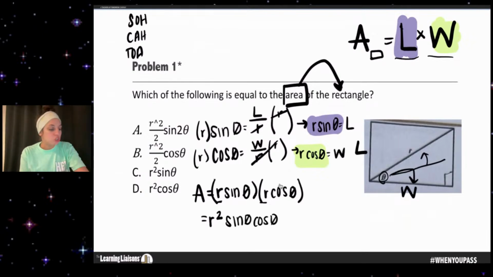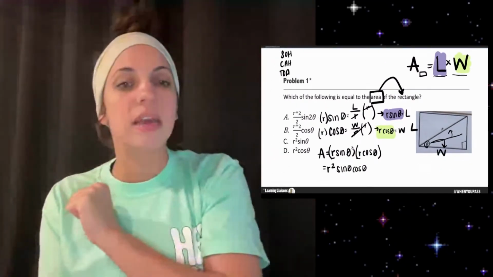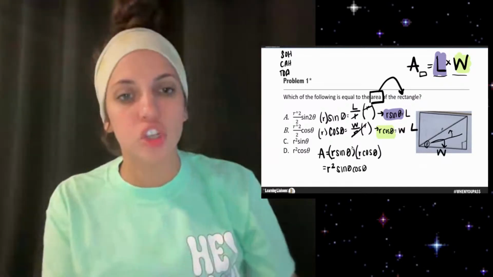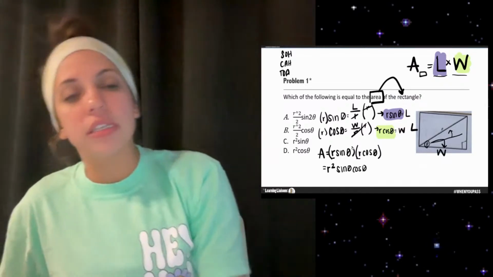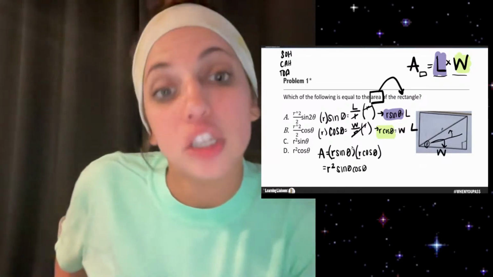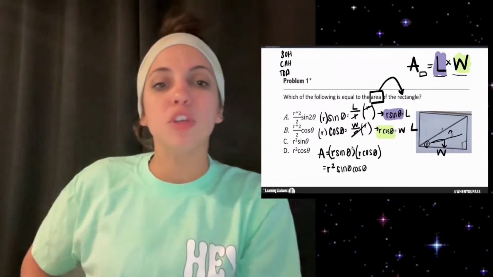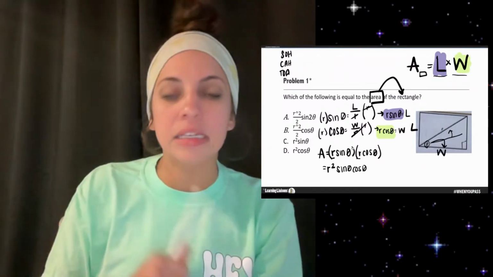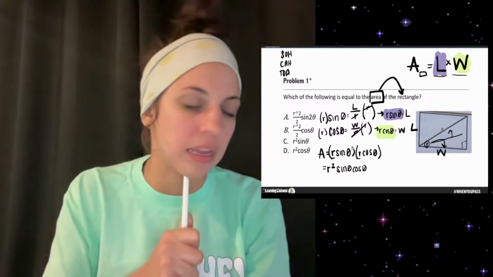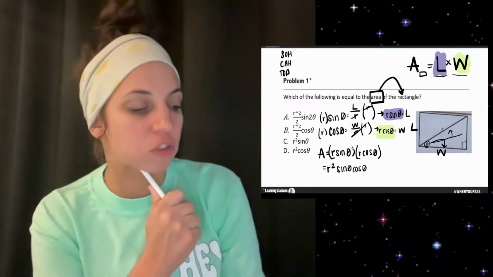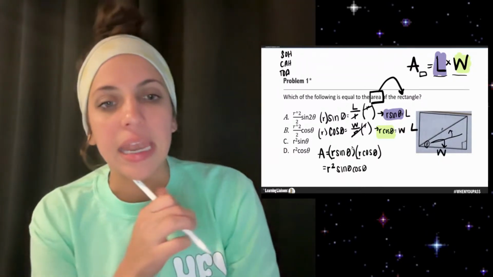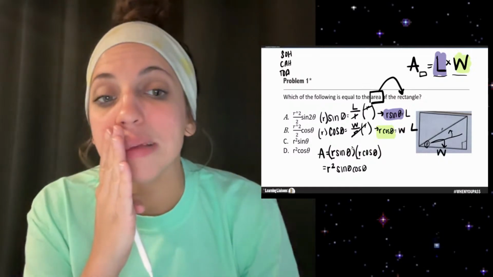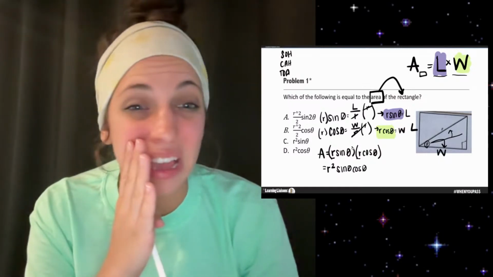Y'all, you should know what sine theta cosine theta is. If you are taking a 6 through 12, 7 through 12 exam, you should know the very most basic trig identities, and one of them is sine times cosine equals 1/2 sine of 2 theta, right? Now, pro tip, secret, I didn't know that off the top of my head.